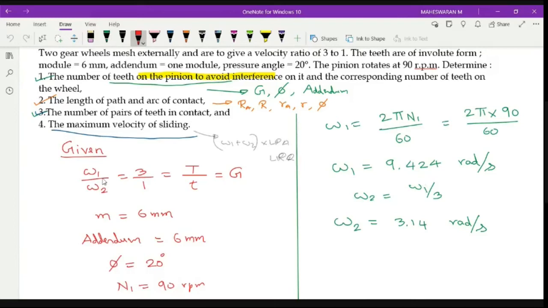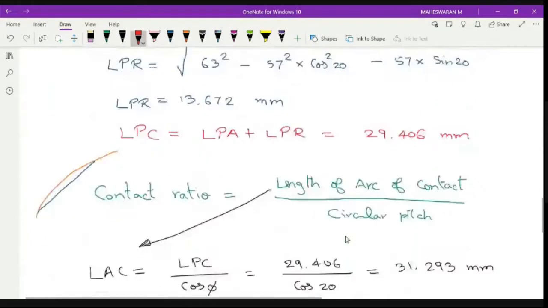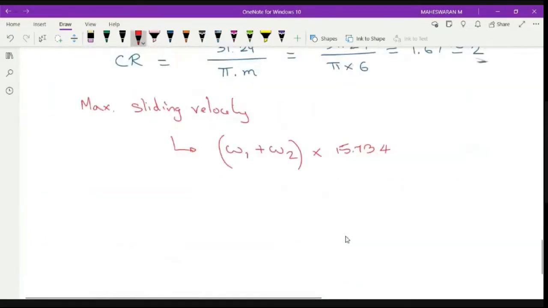Then we use the omega 1 by omega 2 ratio, which is the gear ratio, to identify omega 1 and omega 2: 9.424 and 3.14. So let us substitute it: 9.42 plus 3.14 into 15.73. What is the value?